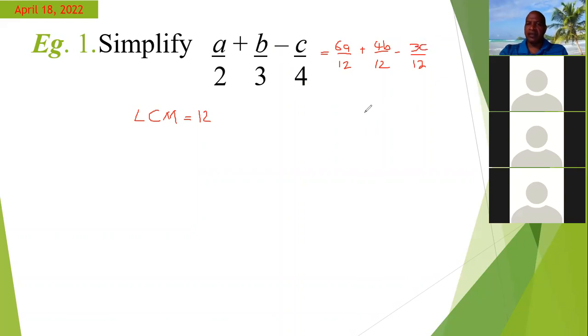Once you have done that, we need to simplify this into a single fraction. When the denominators are the same, we simply add their numerators. So we're going to put all of these numbers over the LCM as the new denominator.